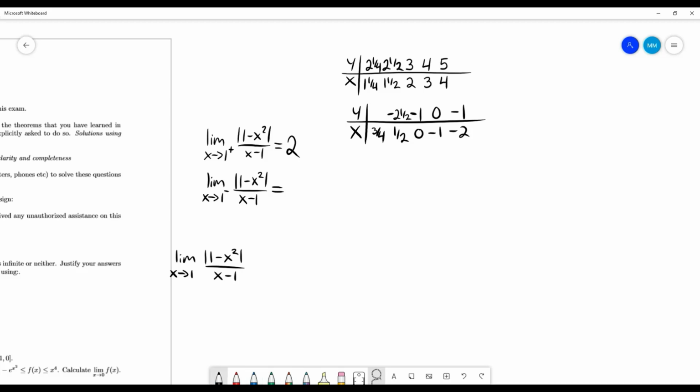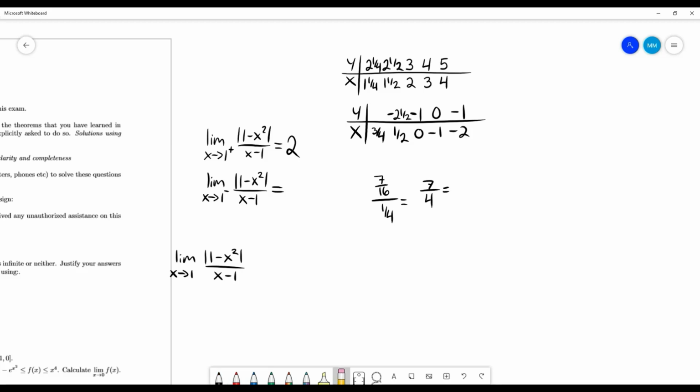And now I plug in that 3/4. 3/4 squared is going to be 9/16. 1 minus 9/16 is going to be 7/16, I believe. So 7/16 over 3/4 minus 1, which is 1/4. So this is going to be 28/16, or I could write it as 7/4, which is 1. No, it's not.